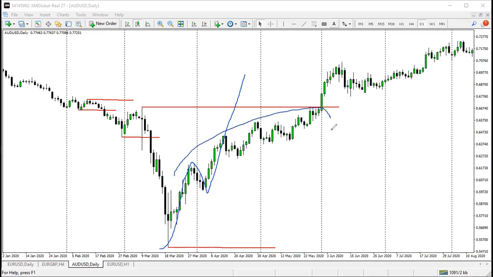But we had this structure here. So this is what should be a complex pullback. This is the small structure inside this big structure. So this is our lower high and our lower low. This is the whole structure, this is the range. Whatever happens inside, that's our complex pullback, our small structure.